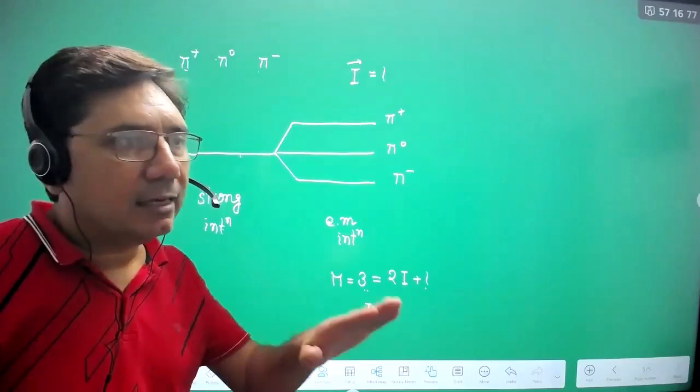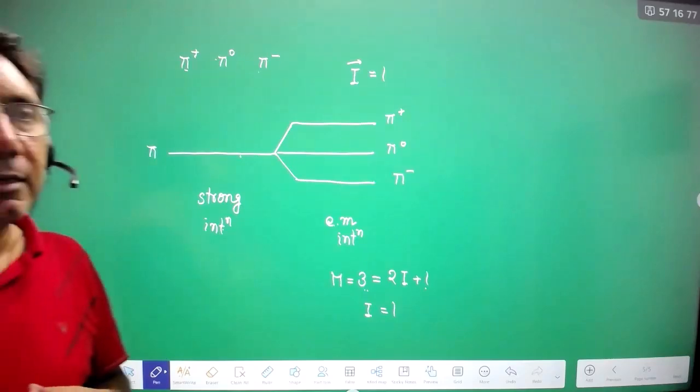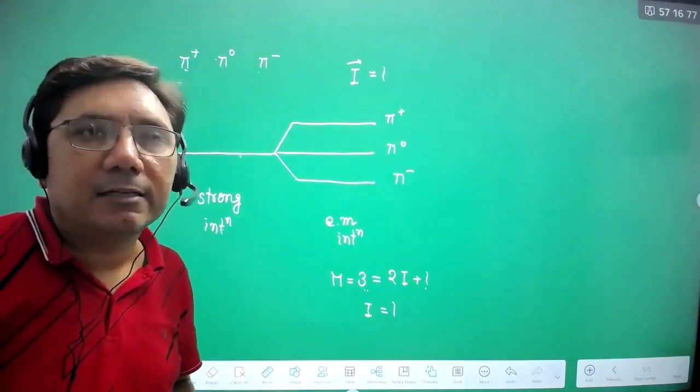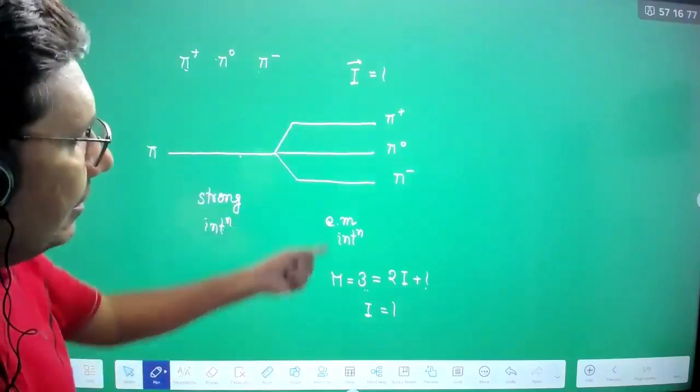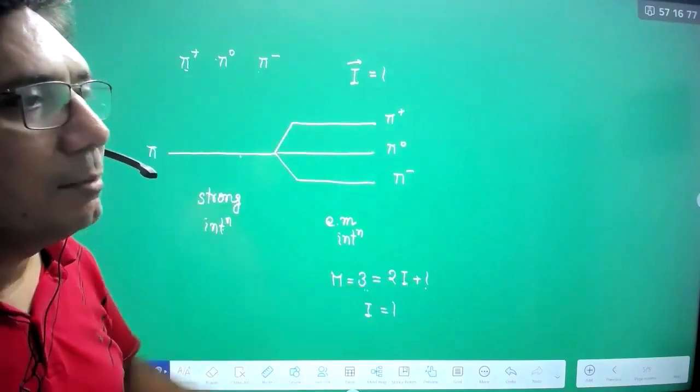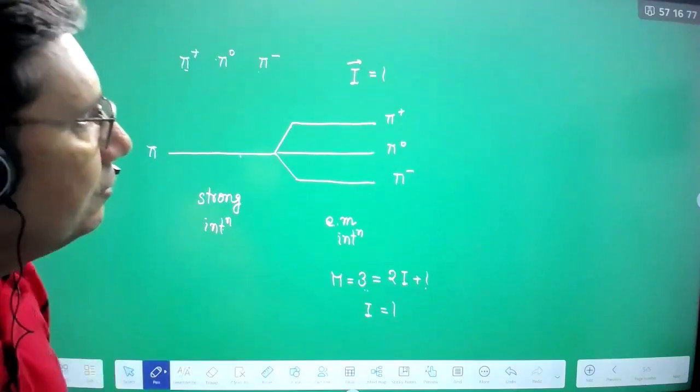In strong interaction, they are representing a single particle state, but as they are approached by electromagnetic interaction, they give rise to a multiplet. So whatever multiplicity is there, corresponding to that multiplicity, we define isospin. So here isospin is 1.